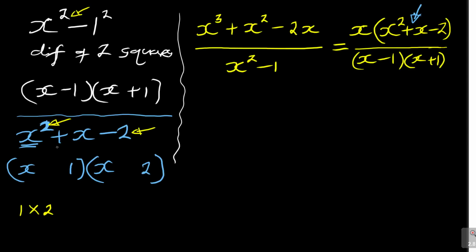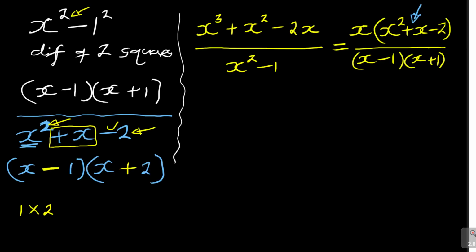Then I focus on the center here. Let me use a different color. I focus on the center. The positive sign means the bigger number between 1 and 2 must be positive. So there is a 2 positive, this one negative, because there is that negative. Are you with me? And then you're done.